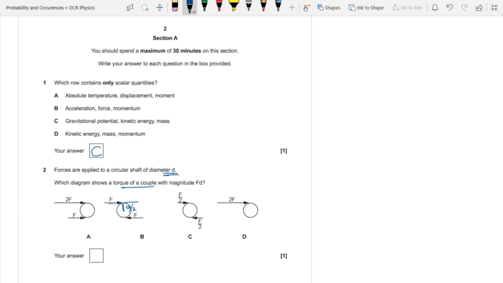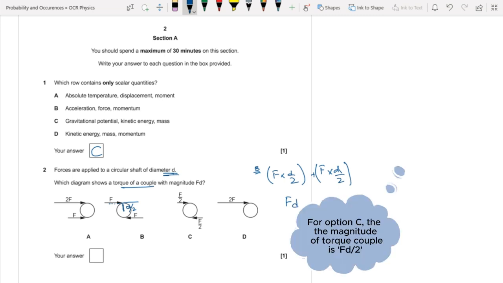There are two forces, and we are calculating this for B: F multiplied by D by 2 for the first force, plus F multiplied by D by 2 for the second. So FD by 2 plus FD by 2 is FD. So B comes out with FD. For C, it will come out to be FD by 2. So B is the right answer.